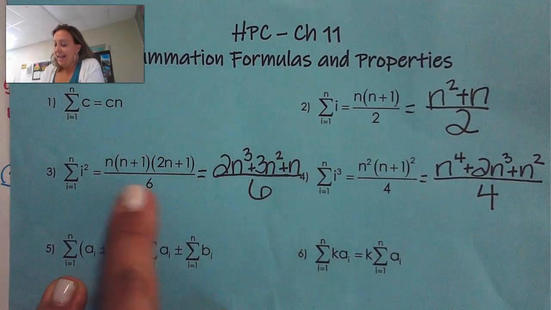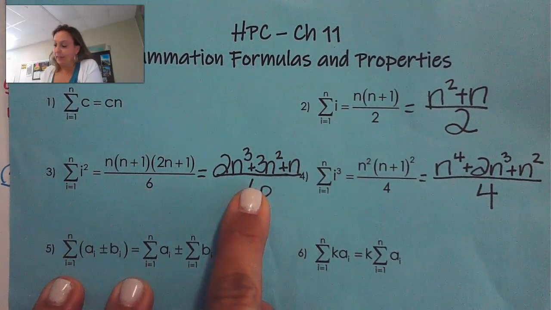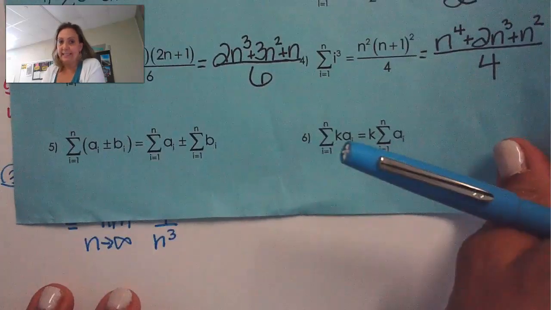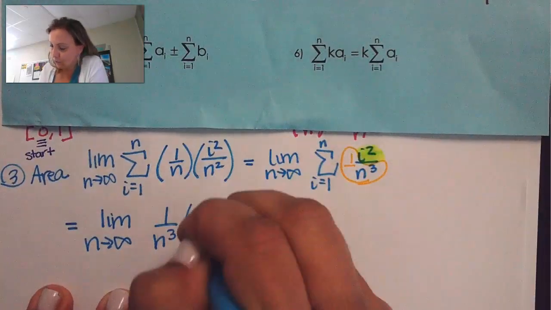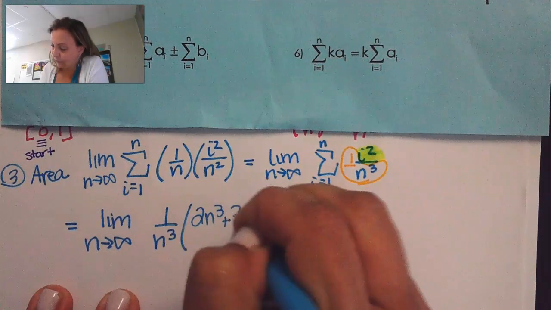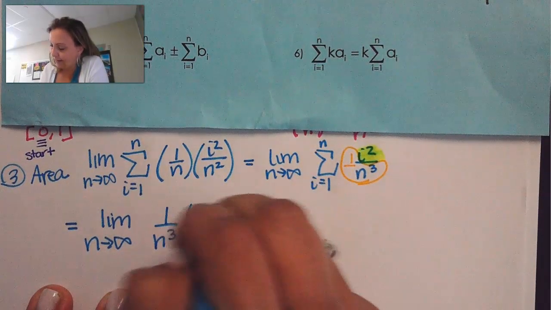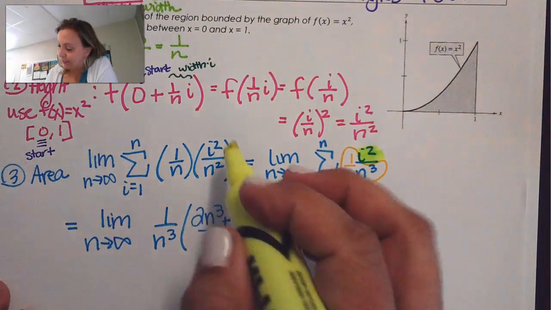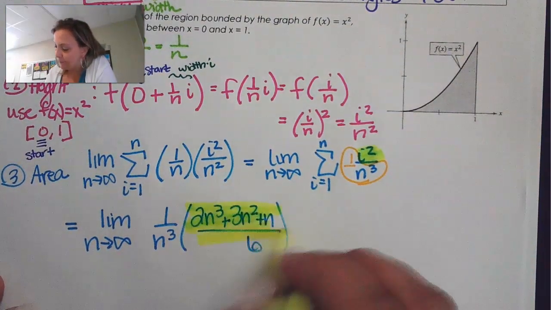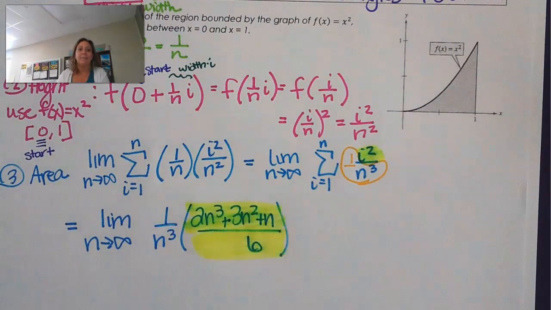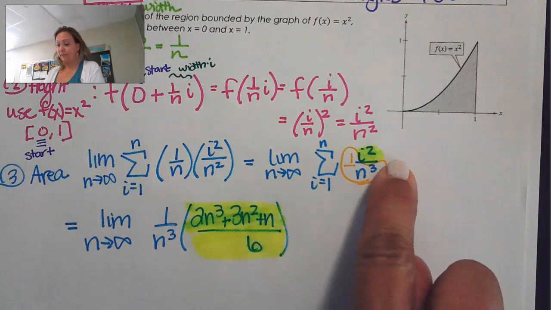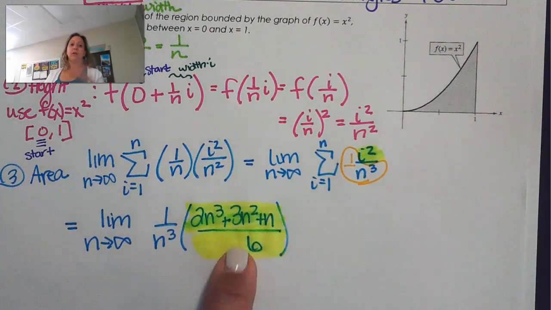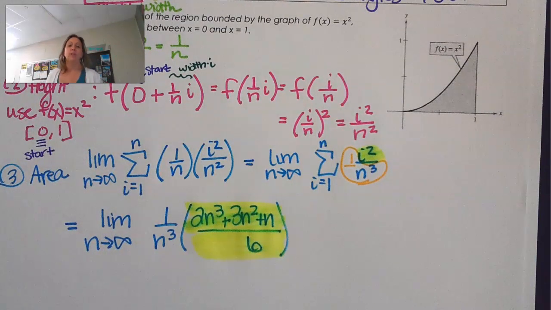For i squared, we can put this in instead: that's the same as 2n cubed plus 3n squared plus n over 6. And remember, when we use that sum from 1 to n, the summation goes away. If you sum i squared from 1 to n, this is what you end up with. That is the sum, so the summation notation disappears at that point, okay?